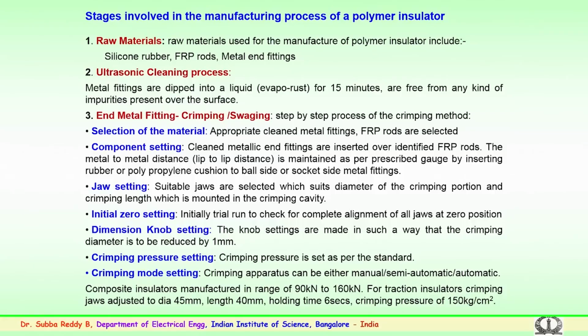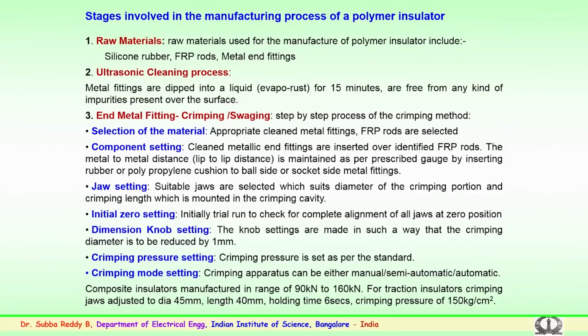These cleaned metallic fittings are inserted into the identified fiberglass rods of known dimensions and length. The metal to metal distance, also known as lip to lip distance, is maintained as per the prescribed gauge by inserting rubber or polypropylene cushion to ball side or socket side metal fittings, so that damage is not caused during the crimping process.